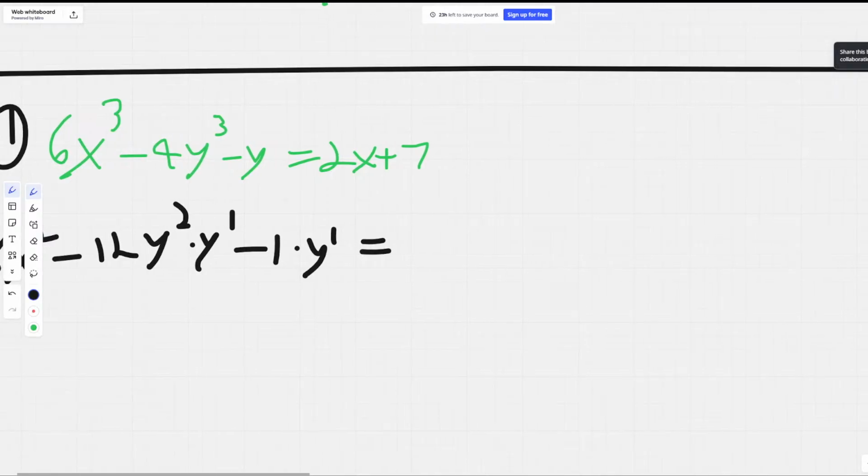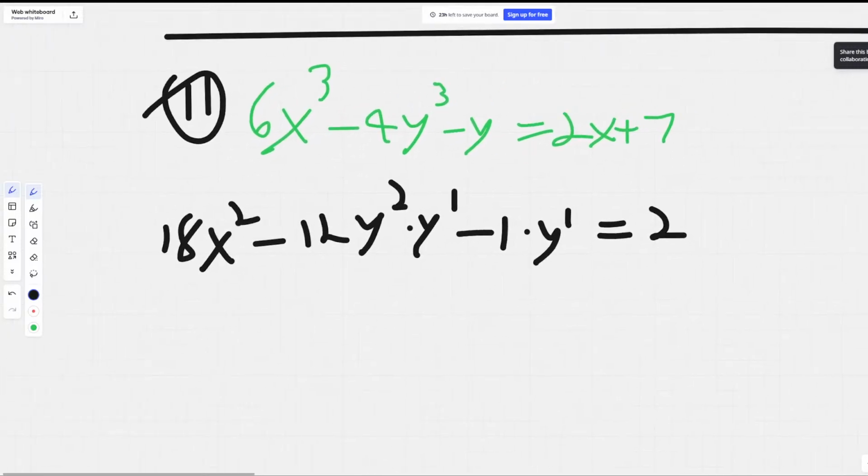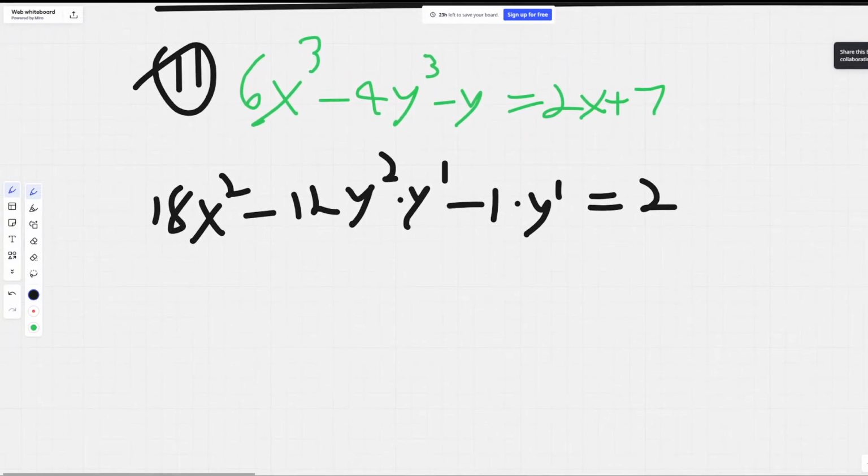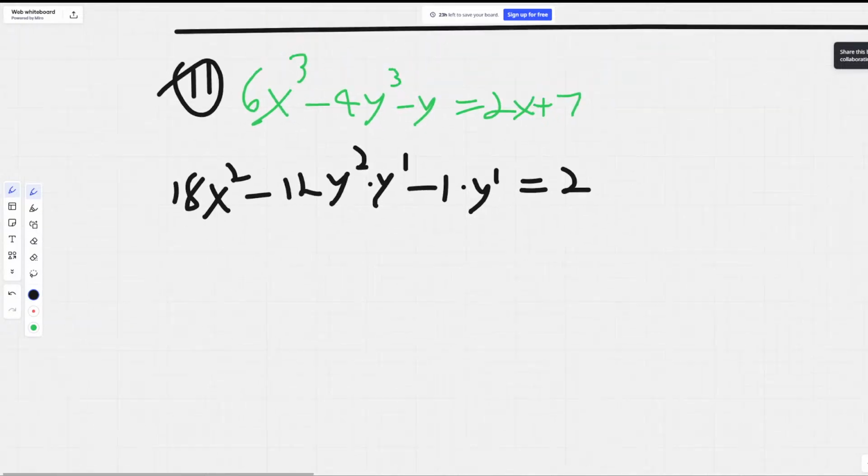Now the other side, which would be 2 plus 0, which is 2. Alright, so that's y prime and y prime, and 18x. So we'll start with that.